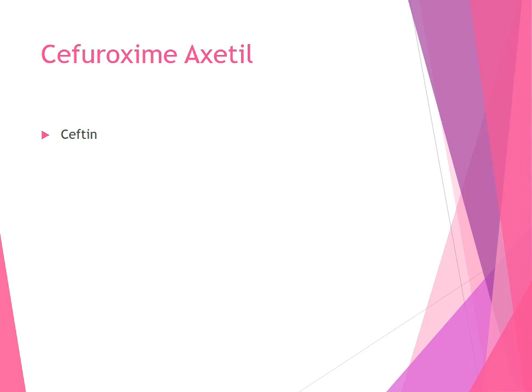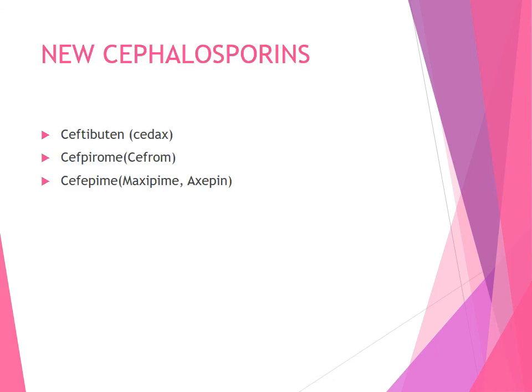Brand name Ceftin. Cefpodoxime, Vantin. Cefixime, Suprax. Cefotaxime, Claforan. Ceftriaxone, Rocephin. Ceftazidime, Fortaz or Tazidime. New cephalosporins, we have Ceftibuten, brand name Cedax. Cefpirome, Cefrom. Cefepime, Maxipime, Axepim, brand names.